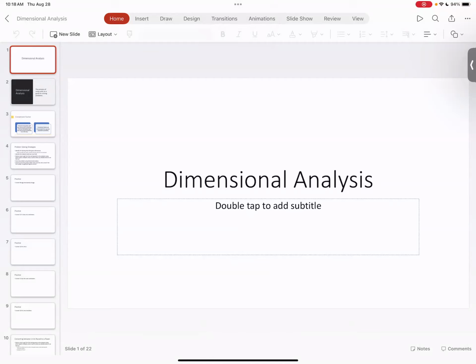Dimensional analysis. Dimensions. Units. In other words, we perform calculations by paying attention to the units.